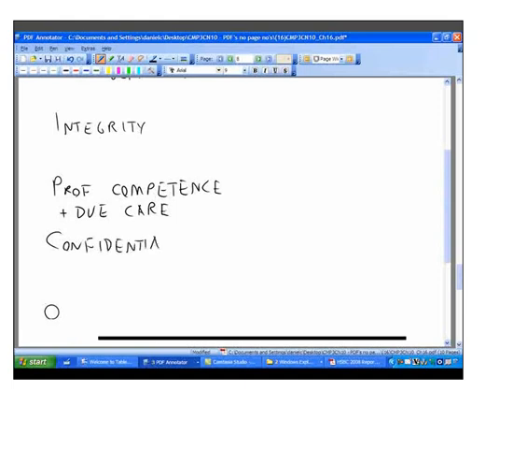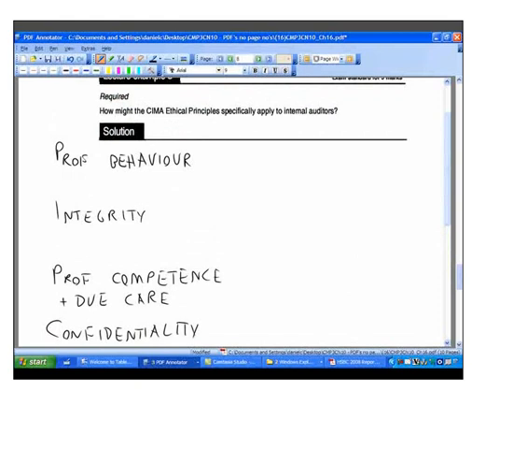Now, a number of questions to do with ethics in this paper in the past have revolved around internal audit, so this is really worth thinking through. So have a think about how those principles specifically would apply to internal auditors, then press play when you're ready to resume.